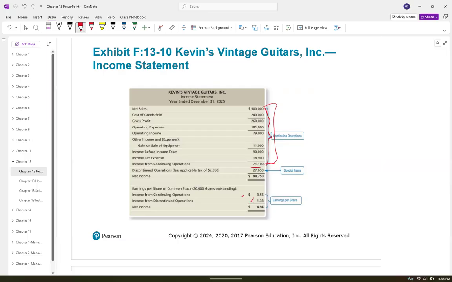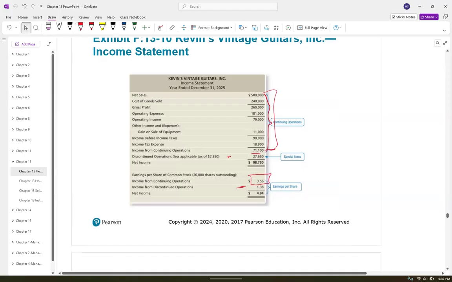You can see that, actually, it increased the earnings per share because discontinued operation was adding to our income. But if we were an investor, we know this is probably not going to happen again. So we might be looking more at that number, the continuing operations earnings per share.